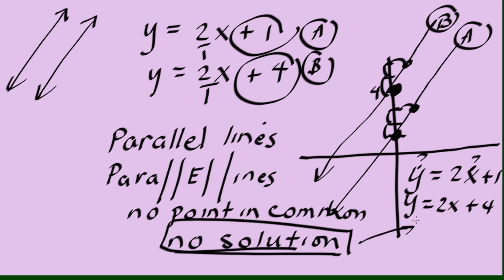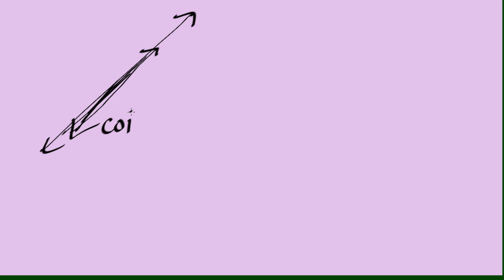That's why we say for this type of system of equations, we don't have any solution. Okay, the third and last case is when the lines coincide. So we call this type of lines coincident.